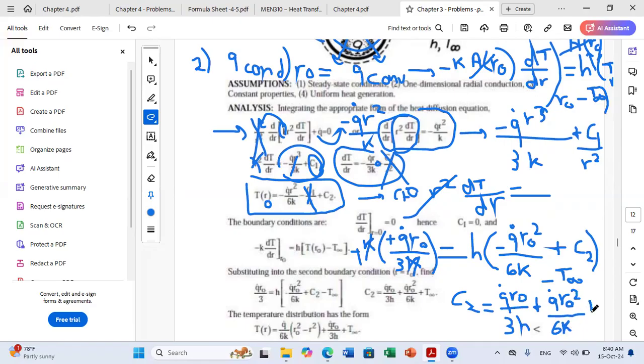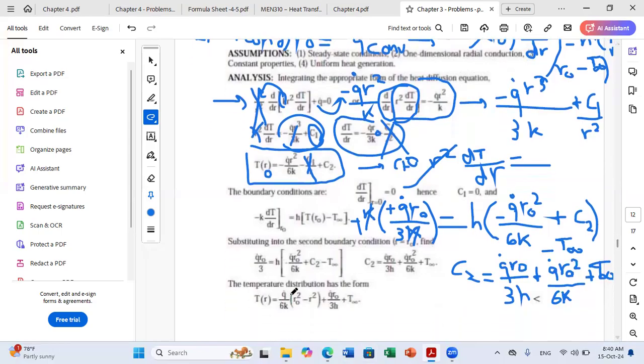If I replace C2 in my equation of temperature, I get the general equation of temperature in my sphere, which is of the following form. T(r) is Q dot over 6K times R0 square minus R square, plus Q dot R0 over 3H plus T infinity. So the temperature is varying as a second degree function of the radial position.